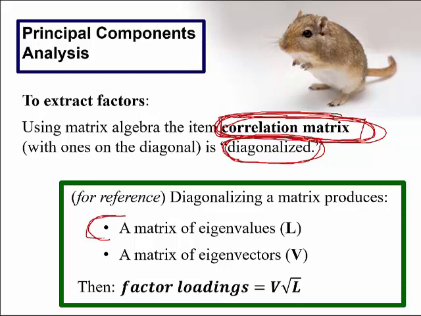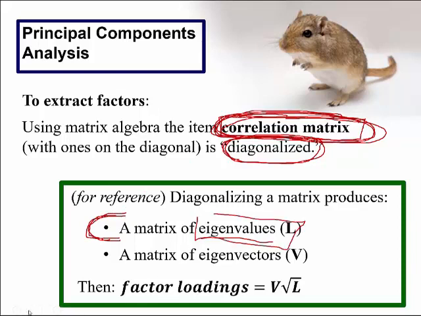It will produce one matrix called a matrix of eigenvalues, and there's that word again, eigenvalues. That's actually how those eigenvalues get calculated: when you take your correlation matrix and diagonalize it, it calculates one matrix of all those eigenvalues that we've been talking about before.